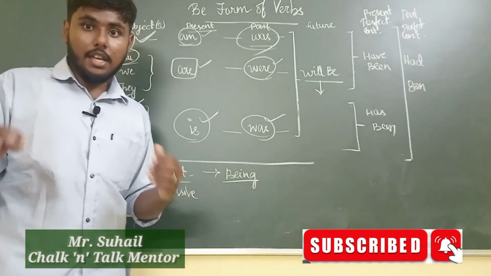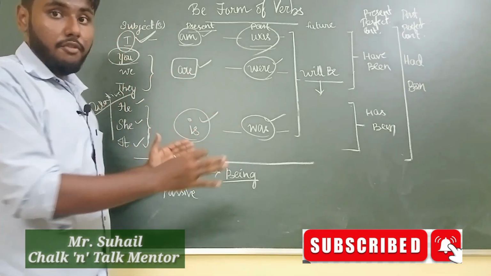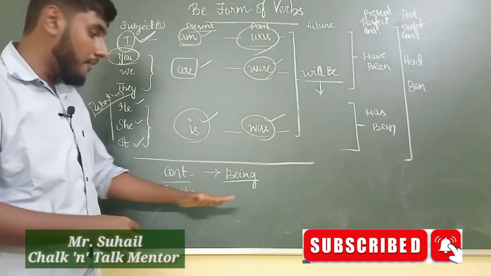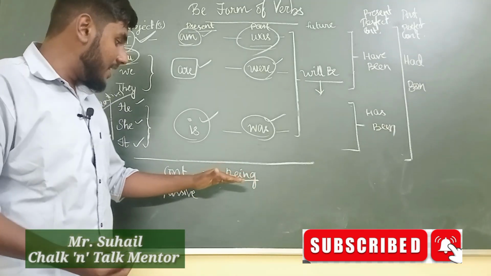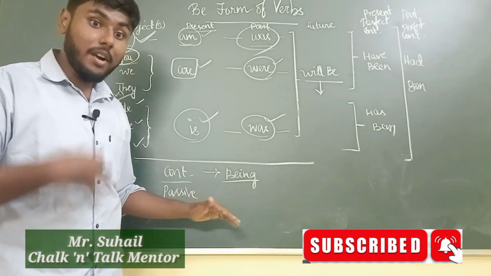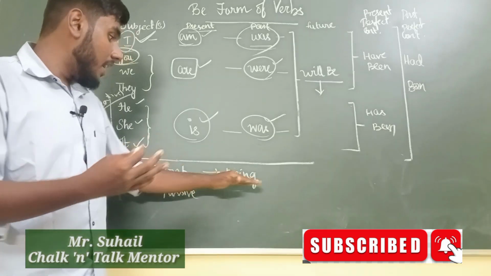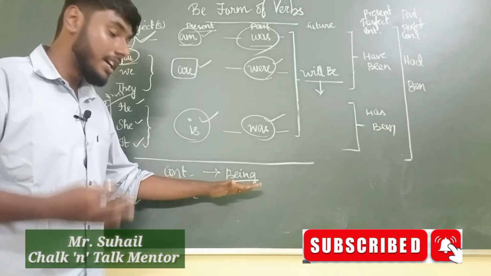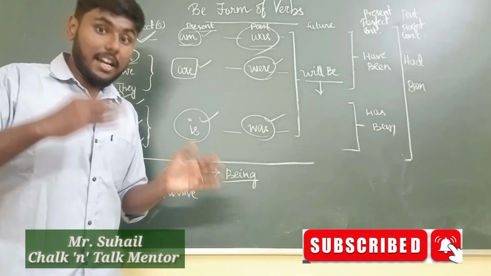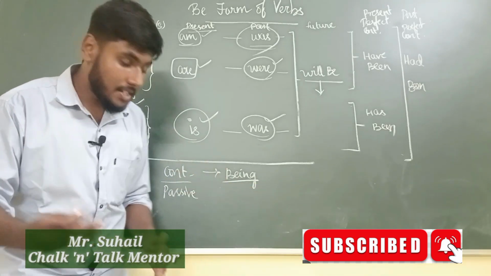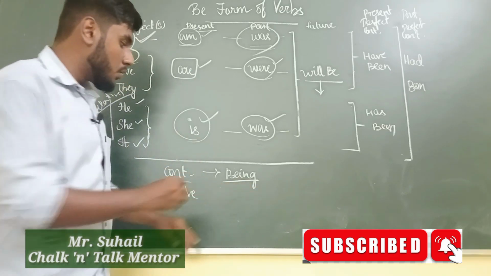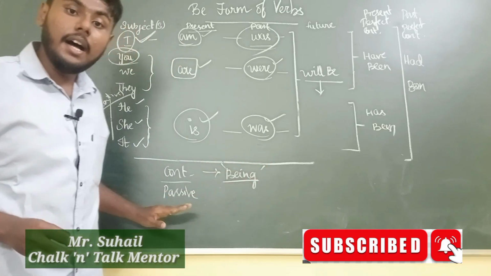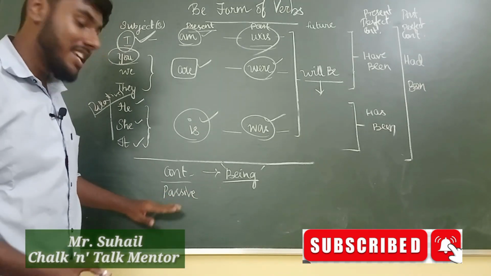All right, so that's the explanation for these be forms of verbs, and we also have "being", another be form of verb that's also called the progressive be form. We make use of "being" for the continuous form, but in addition to that, we also use this word "being" in places of passivation.